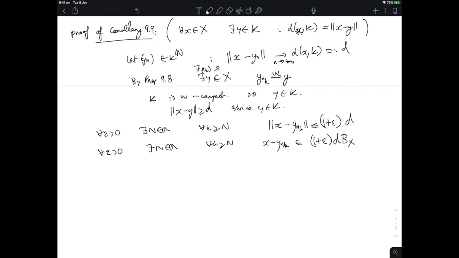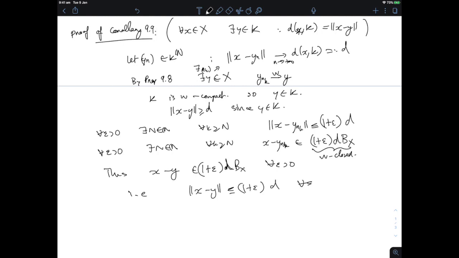Yeah, but this is a weakly closed set. So if it's a weakly closed set, you take a weak limit and it has to be in the set. And so what we get is that x minus y is in (1 plus epsilon) d times the unit ball for every epsilon. And that exactly means that the norm of x minus y is smaller than (1 plus epsilon) d for every epsilon.